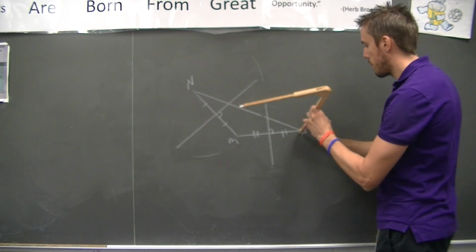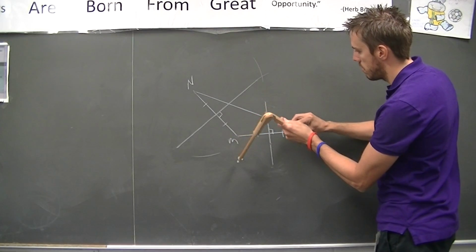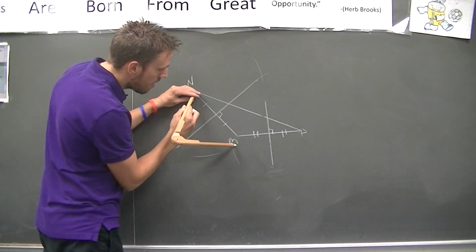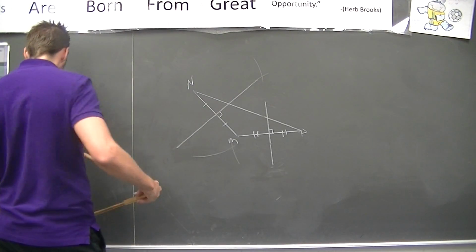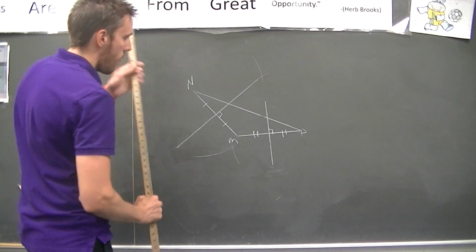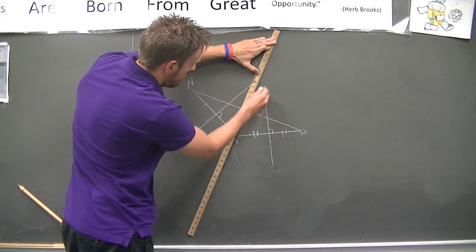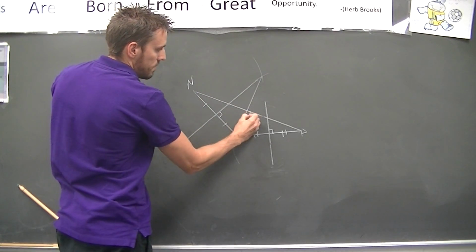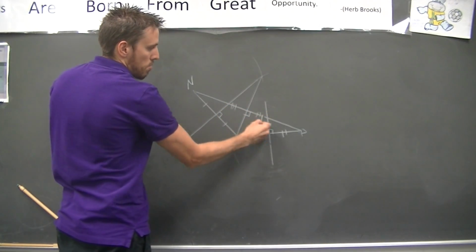Other side as well. And again, if it doesn't match up, that means you have to extend your arcs. So I have my intersection of my arcs here. There we go. That's perpendicular here. I label my segment 1, 2, 3, 1, 2, 3.